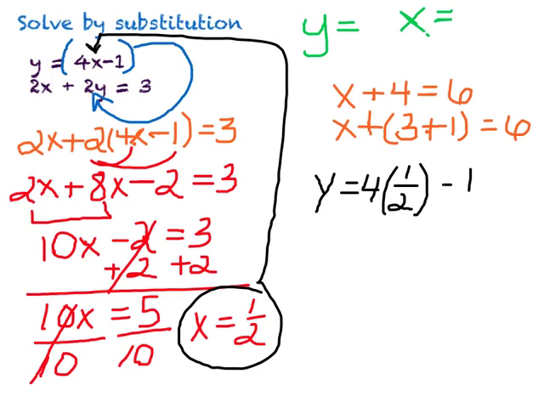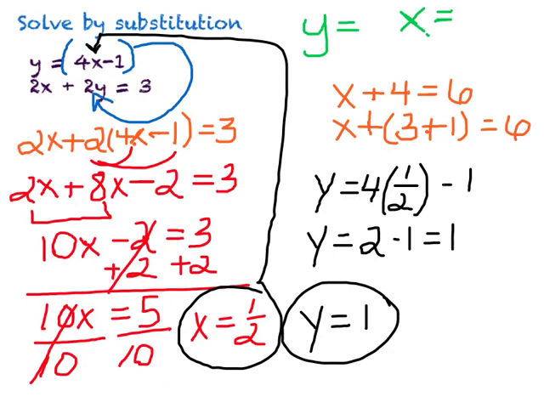And I'm going to solve that. Y equals 4 times 1/2. 1/2 of 4 is 2 minus 1 equals 1. So x equals 1/2 and y equals 1. That's your answer. You must have both of them.